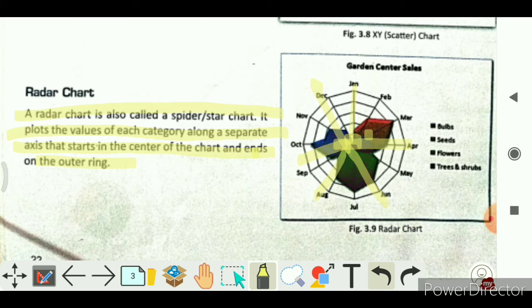And it looks like a web, like a radar, like a spider web. So the name of this chart is given as radar chart, right? There are many names for this chart, but radar chart is very famous.